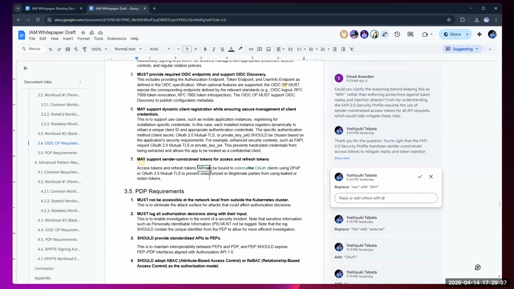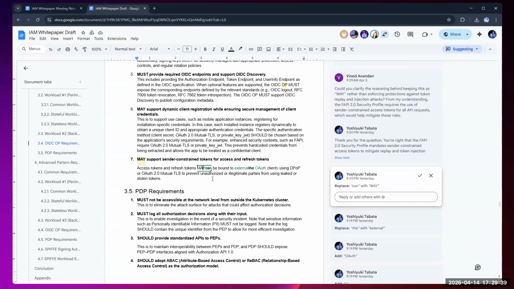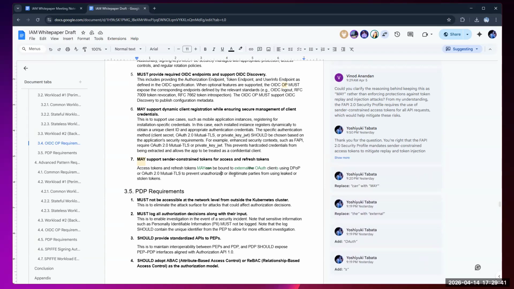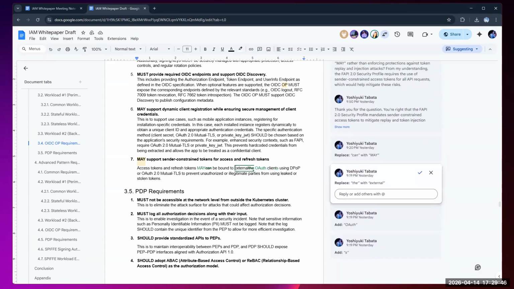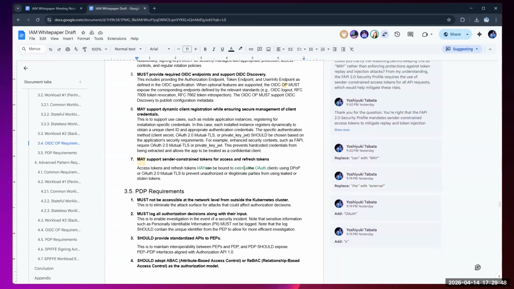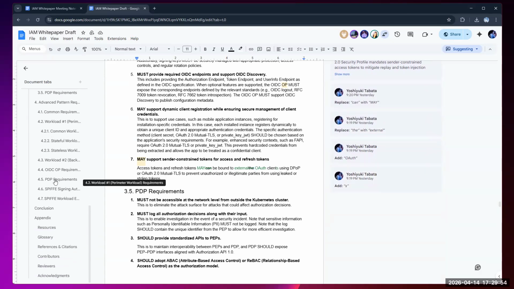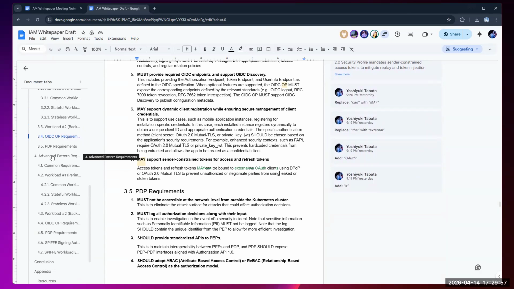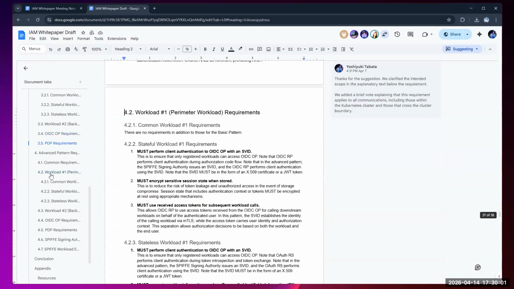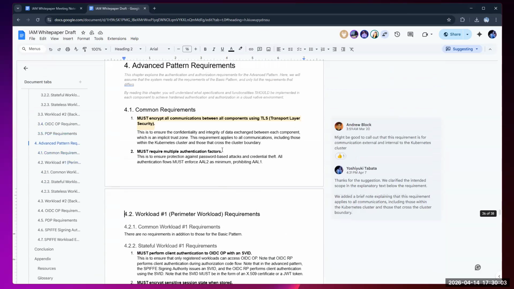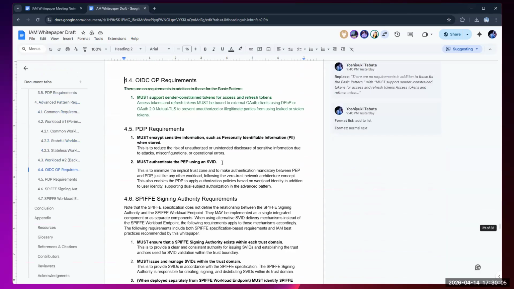First, we changed the can to may, and also restricted the client to external client, and added the must requirement in the OIDC OP requirements in the advanced pattern.